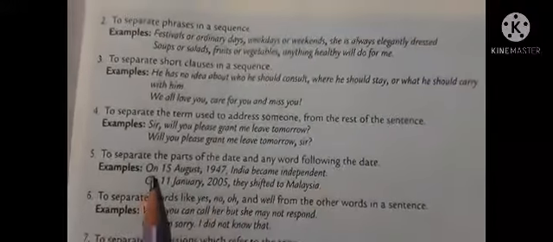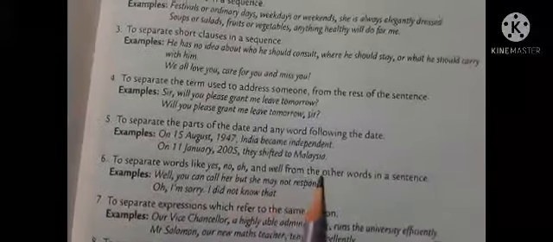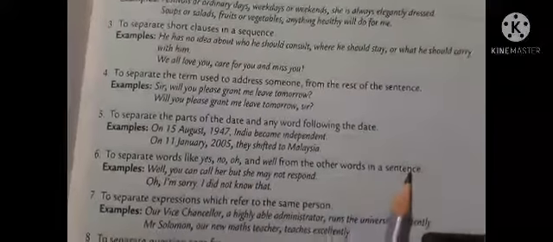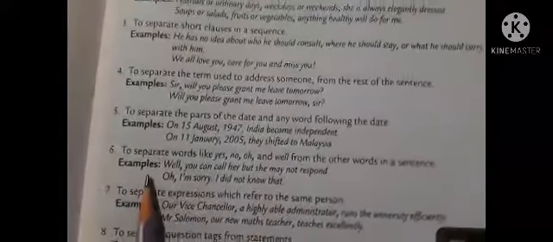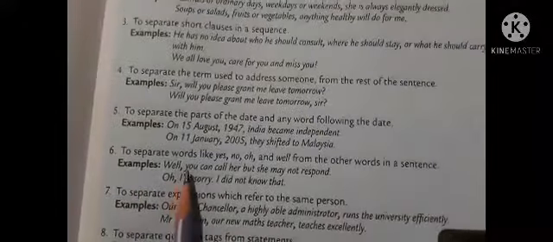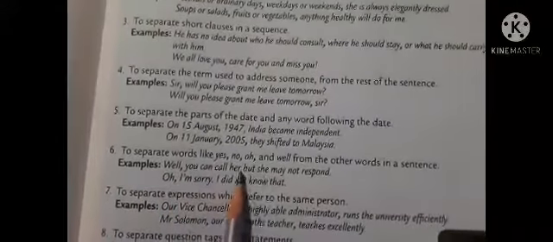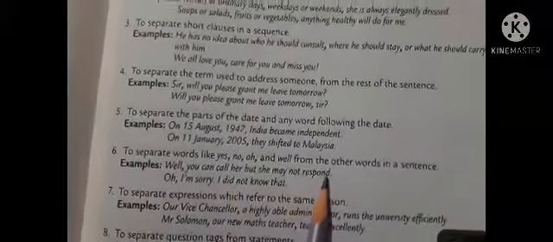Sixthly, we use comma to separate words like yes, no, oh and well from the other words in a sentence. For example, well, you can call her but she may not respond.